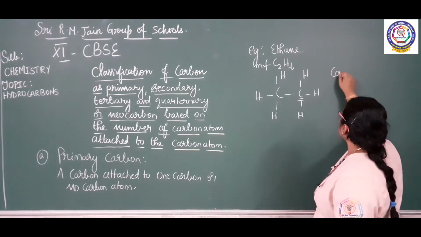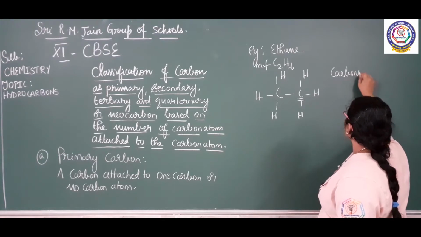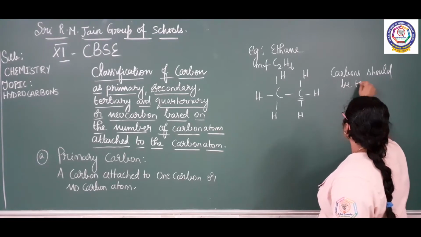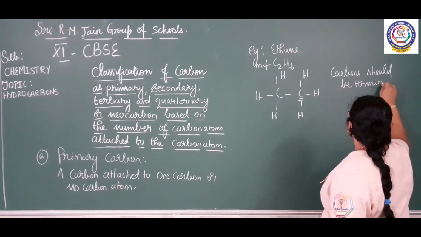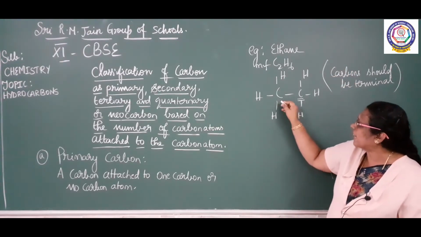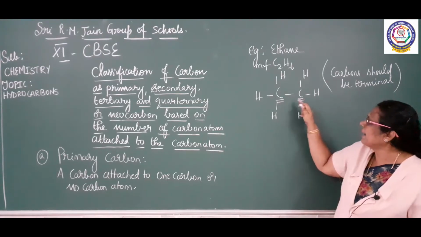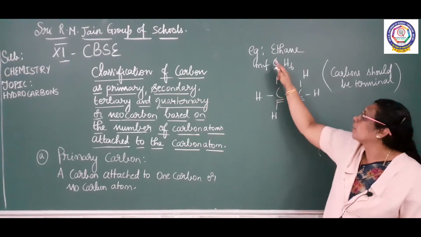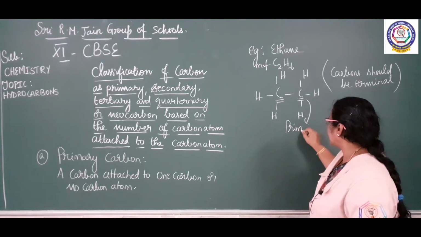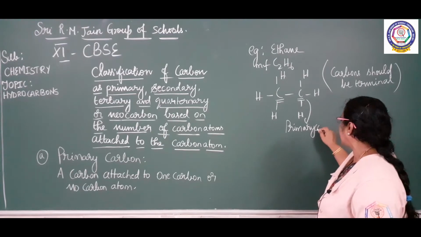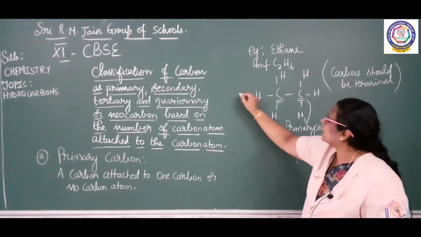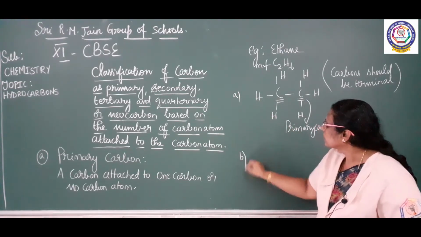Carbons should be terminal. Here you see this carbon is attached to one carbon. A carbon attached to one carbon is a primary carbon.